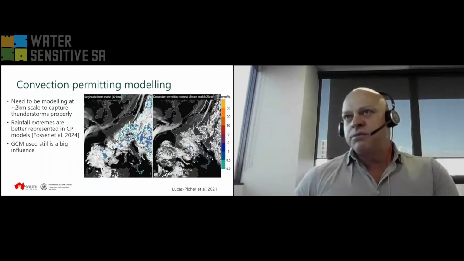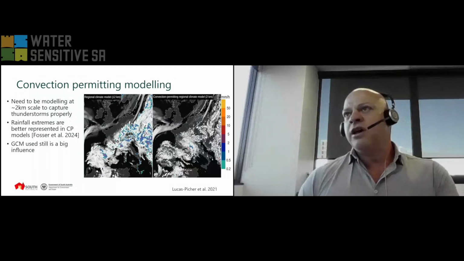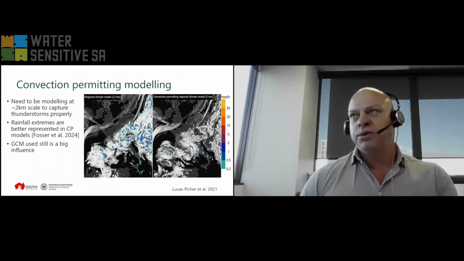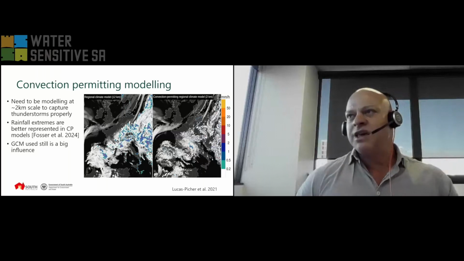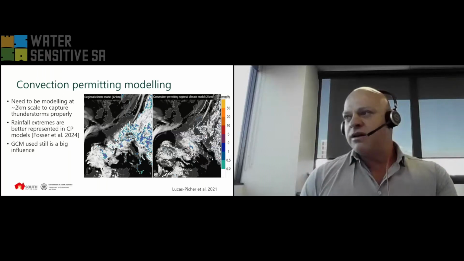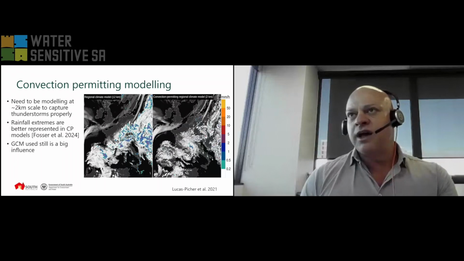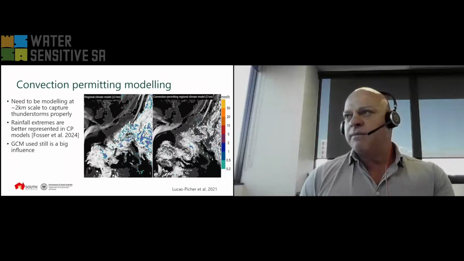One of the things is with the modelling getting down to that sort of scale of thunderstorms, we're now down to what we call a convection permitting modelling scale. The NARCLIM 2 modelling is at 4 kilometres. That's starting to get down there, but probably not quite enough. And so we're probably still like a generation of modelling away from incorporating convection permitting modelling into the downscaling process.